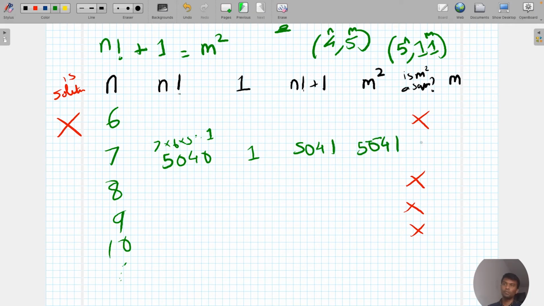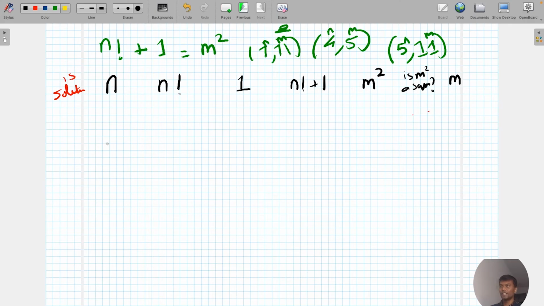Is m a square number? Yes, little complicated, but m actually turns out to be 71 squared. So we have another set, we have 7 and we have 71. So we got n, and yeah, this is great. But look at this, in the first 10 tries, we have actually found 3 solution sets which satisfy this particular equation.